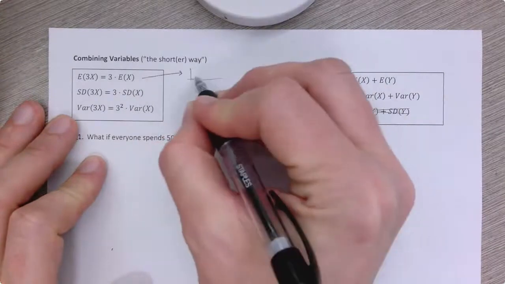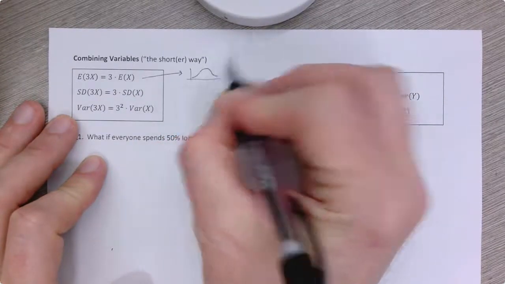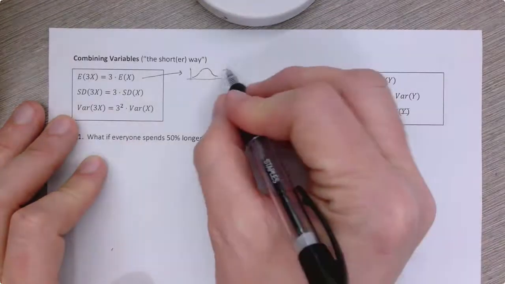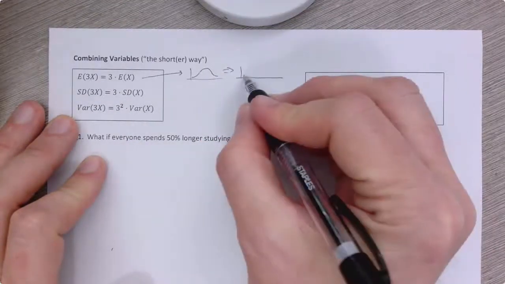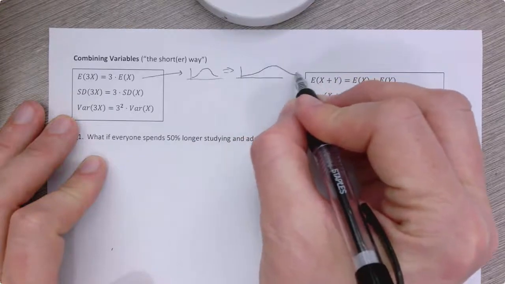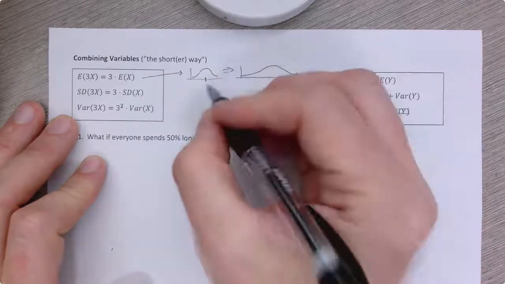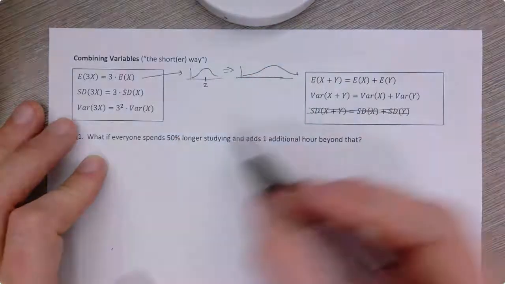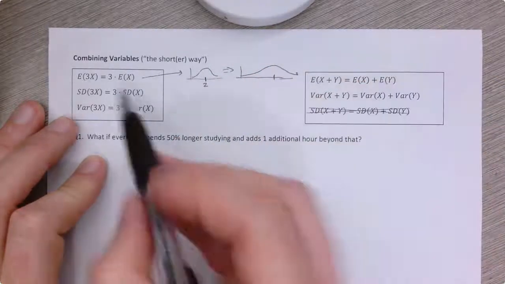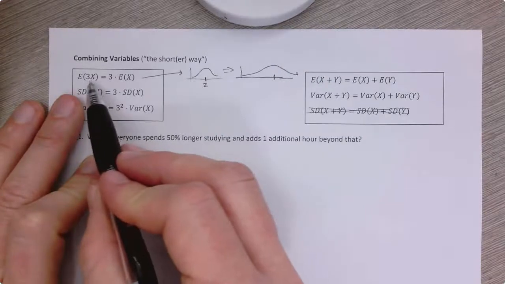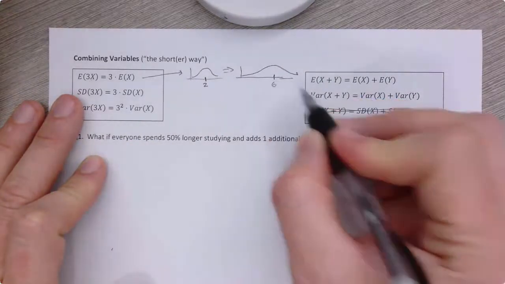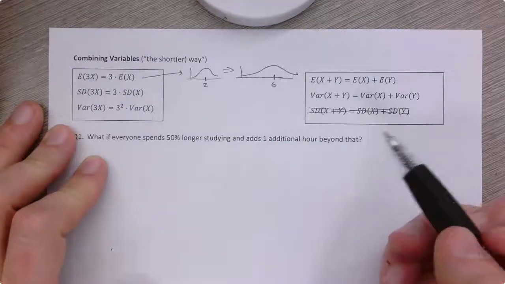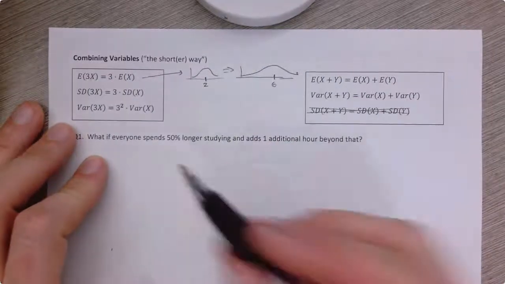If you have a distribution and you multiply all the values in your distribution by 3, you're going to stretch your distribution way out. So if this was a mean value of 2, and I'm multiplying all my values by 3, the mean value is going to end up here at 6, because the mean value also multiplies by 3. You did that before, and I'm just pointing out it's the same thing.